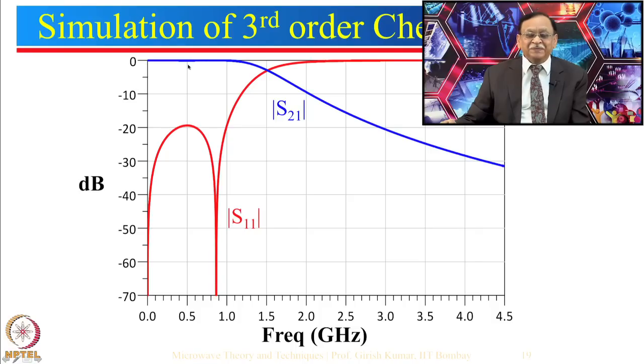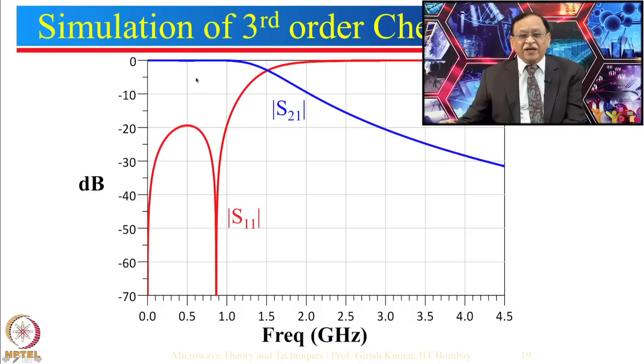So, corresponding to this little dip over here, S11 is about minus 20 dB. Just to tell you, had we taken this as minus 3 dB, then S11 would also have been minus 3 dB. Had this been 0.5 dB, then S11 would have gone up to about minus 10 dB.